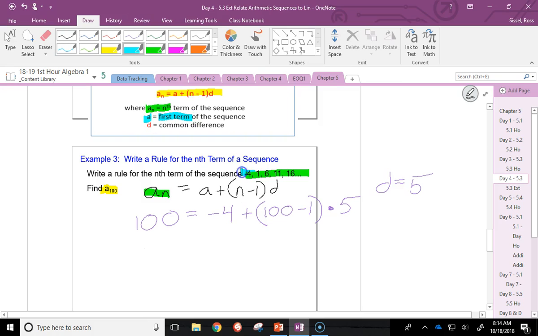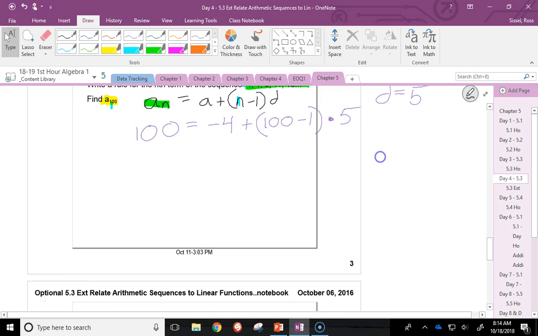Our first term was -4. So we're going to put that first term in. But why are AN and N the same thing? Because A is standing for the term, and N is standing for which term we are looking for, the 100th. Technically, you're saying that they should have written AN in there instead of just N. I get that.